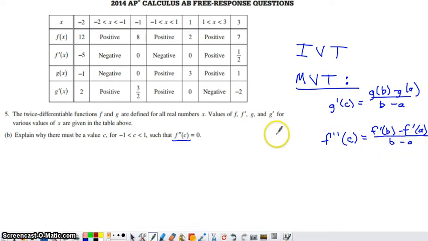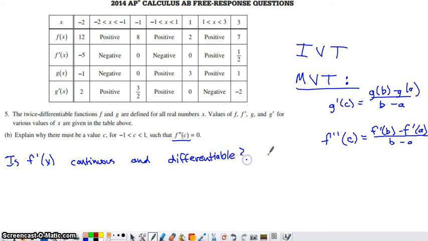The only thing that we have to double check before we go ahead and try to apply this is whether or not f prime is continuous and differentiable, because those are the two things that have to happen in order for you to be able to use the mean value theorem.